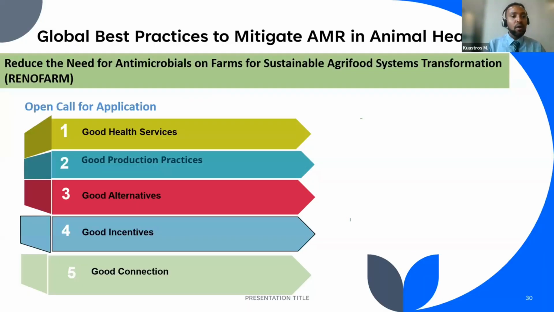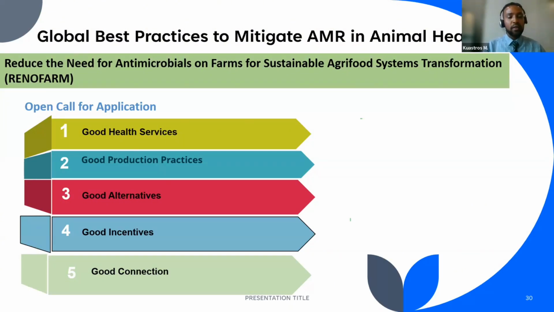Apologies. So the second best practice at global level to mitigate AMR is the RINO farm approach. This approach is to reduce the need for antimicrobials on farms. If we do our intervention on reducing the need, because we are not buying antimicrobials for free, then when you prevent infection at farm level, our cost for buying antimicrobials also reduces.